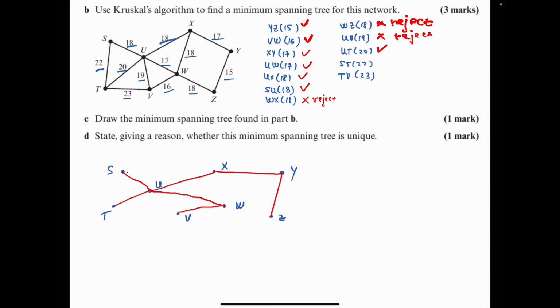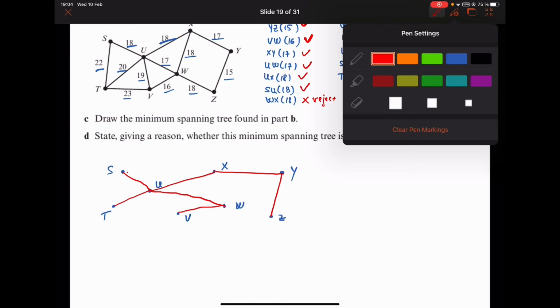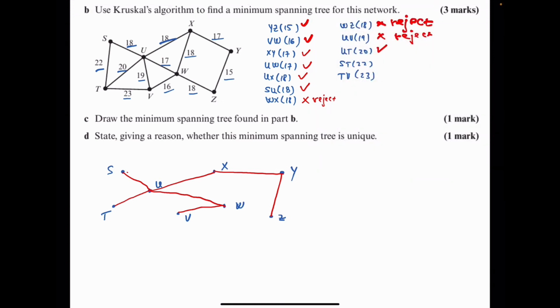And now you need to state with the reason whether the spanning tree that you found is the unique one or not. Obviously, as you could see while you ordered the edges, the tree is not going to be unique because you have several edges that have the same weight, and in some cases they could be replaced.